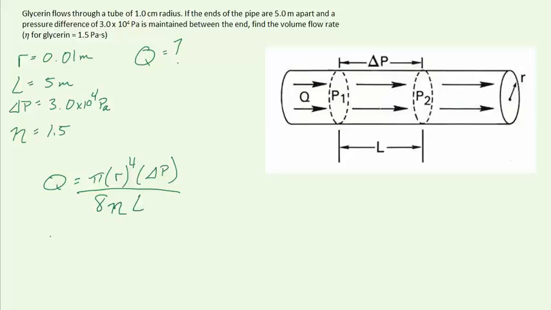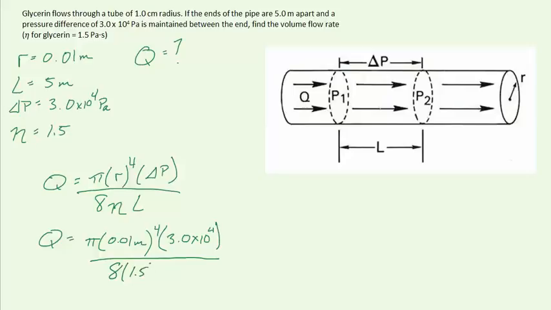So if we plug in the values we're given, we see that our radius was 0.01 meters to the fourth power times our change in pressure of 3.0 times 10 to the fourth, divided by 8 times the value of eta, which is 1.5, multiplied by our length of 5 meters.